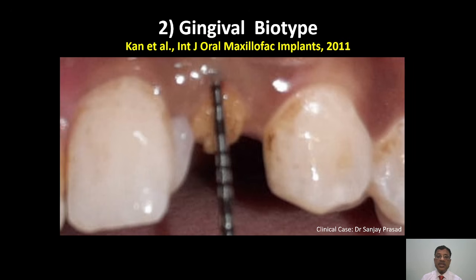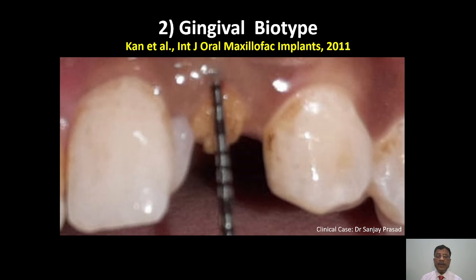One simple procedure is that if we place a probe and that probe is not visible underneath the gingiva, we consider the gingival biotype as a thick biotype. And if the probe is visible underneath the gingiva, then we may consider that it is a thin gingival biotype.